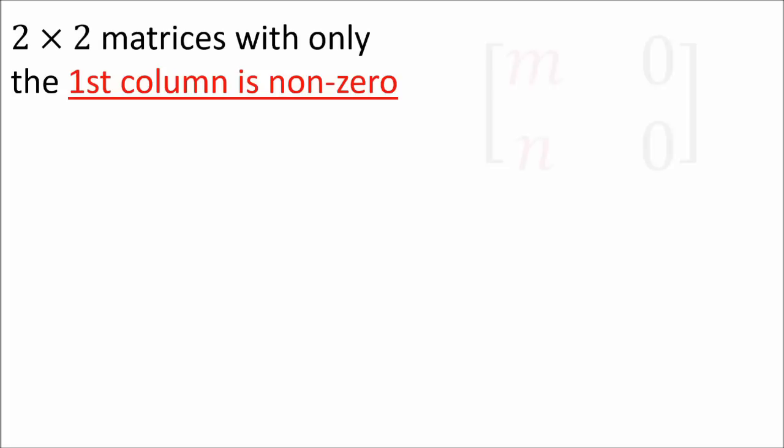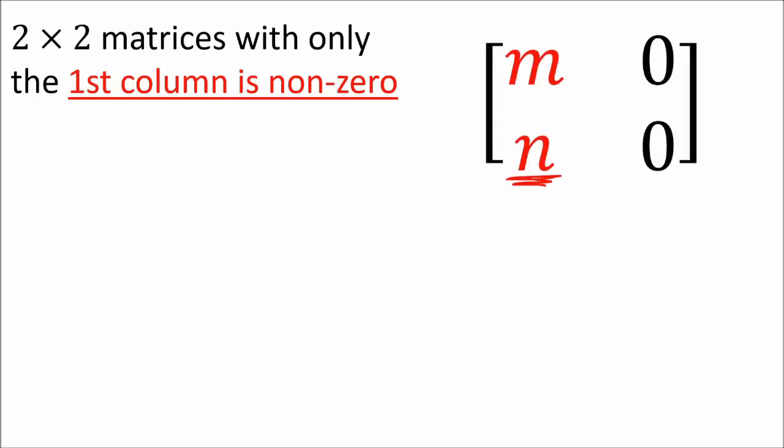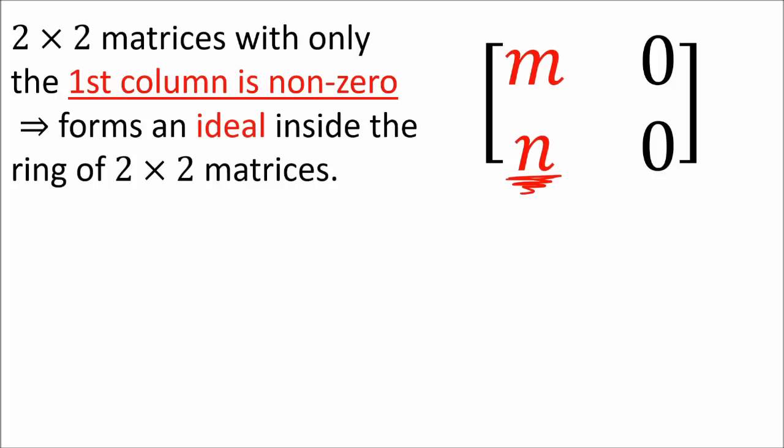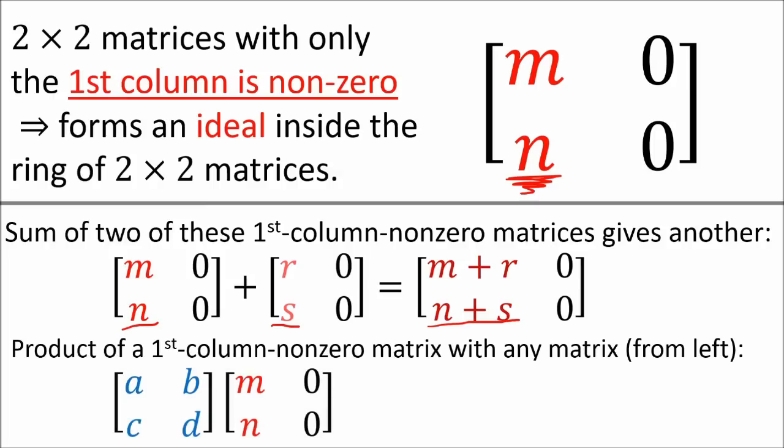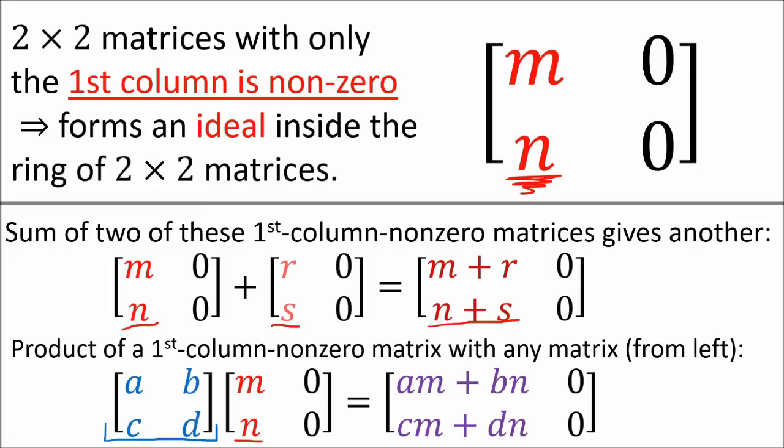We can also look at ideals with matrices. Let's look at this subset of 2x2 matrices where only the first column is non-zero. This is an ideal inside the ring of 2x2 matrices. If we add two matrices of this form, we get another matrix with only the first column being non-zero. Also, if we multiply a general 2x2 matrix from the left onto a matrix of this form, we get another matrix where only the first column is non-zero.